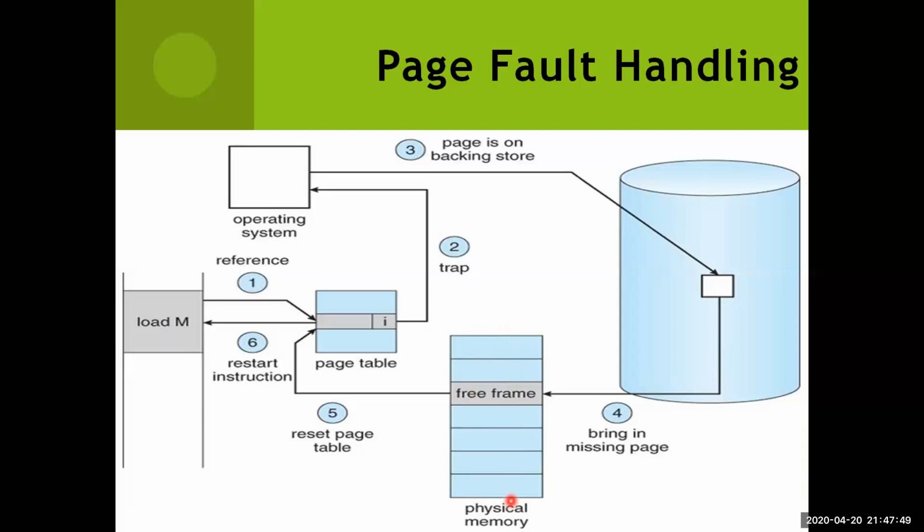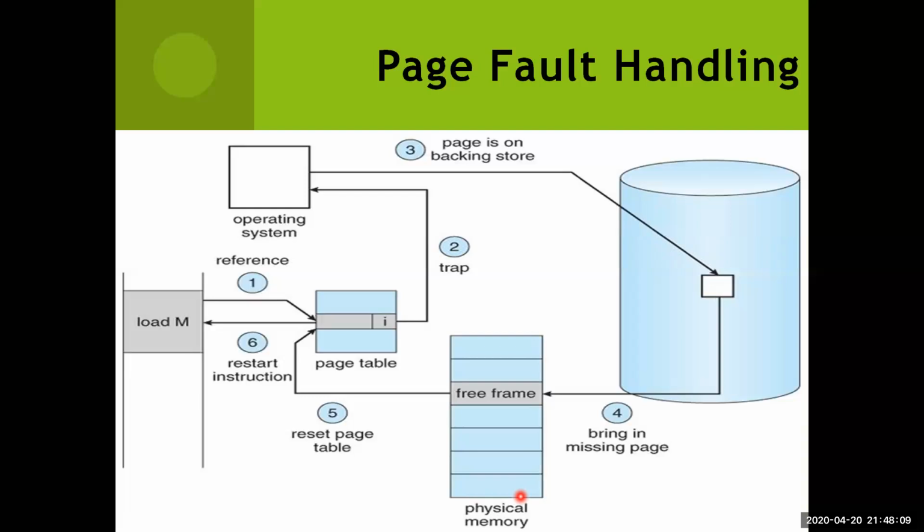If all the frames in the physical memory are occupied by some processes, then the page replacement algorithm is used to decide which frame can be kept free from the execution of the job.